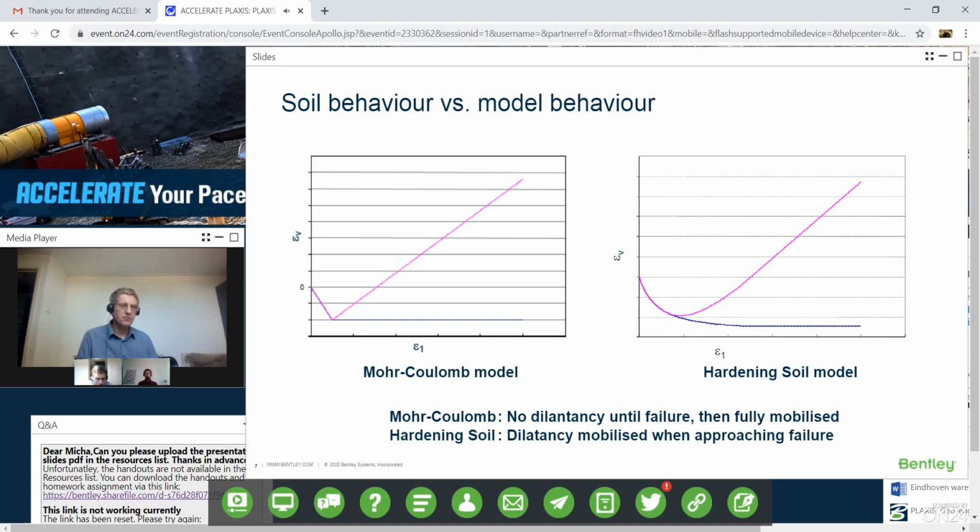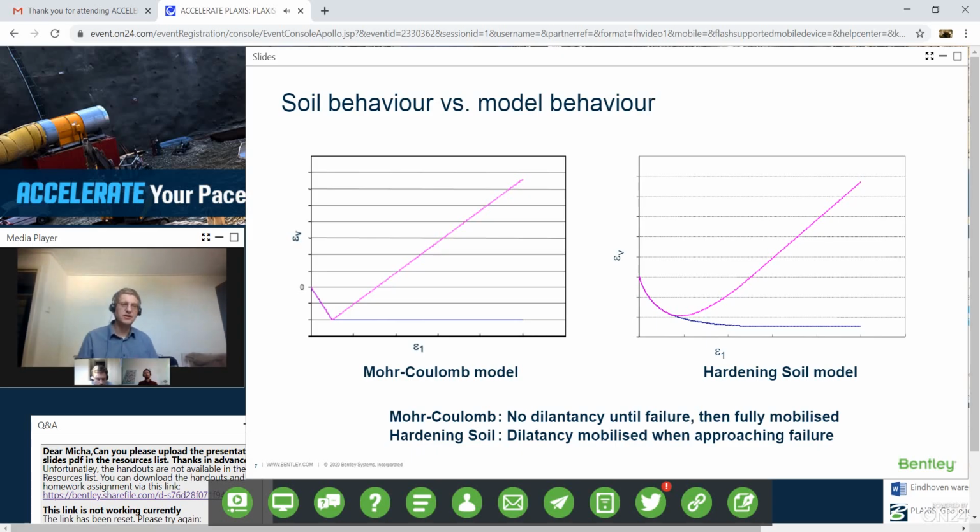Well, first of all, when we start the test, we don't have elastic behavior. We don't have a straight line, we have a curved line. The blue one just slowly curves to a minimum volume, just like the Mohr-Coulomb did. It's just not elastic. The purple one, what we see here, is that before we reach failure, you already see the purple line deviate from the blue line.